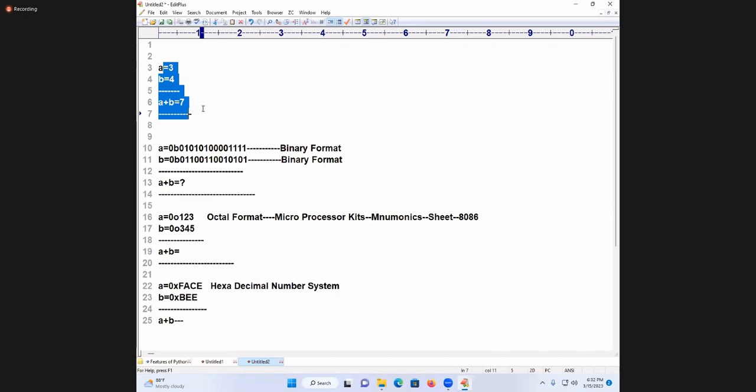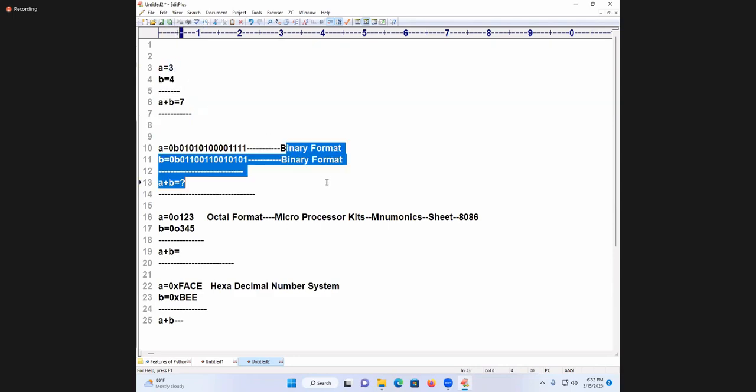Binary also is converted into decimal. That's why Python is known as a high level language. Even a high level language value can be converted into binary format, octal format, and that's why Python acts as a conversion between the number systems.